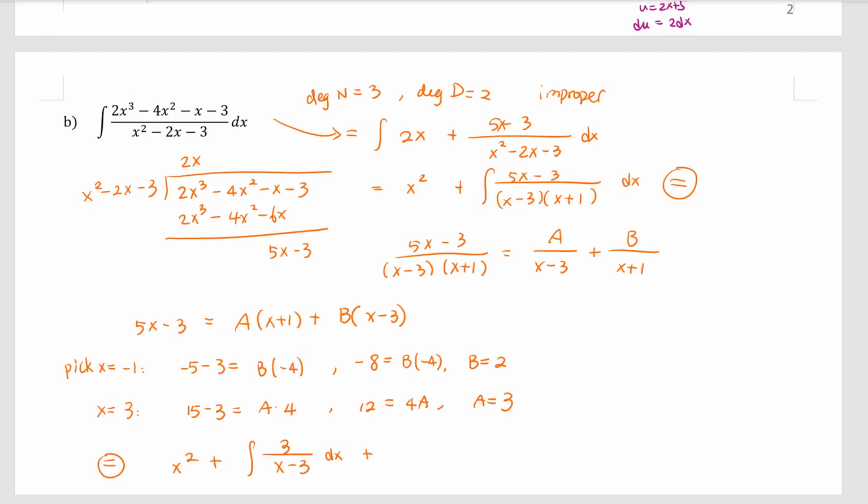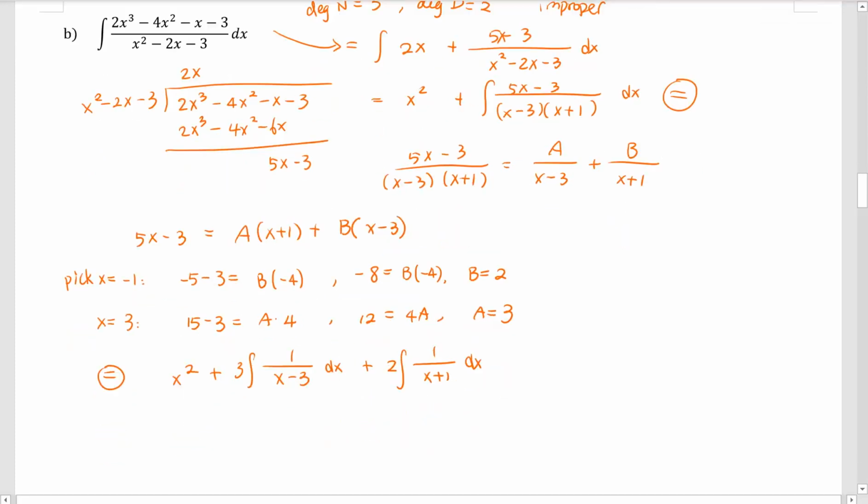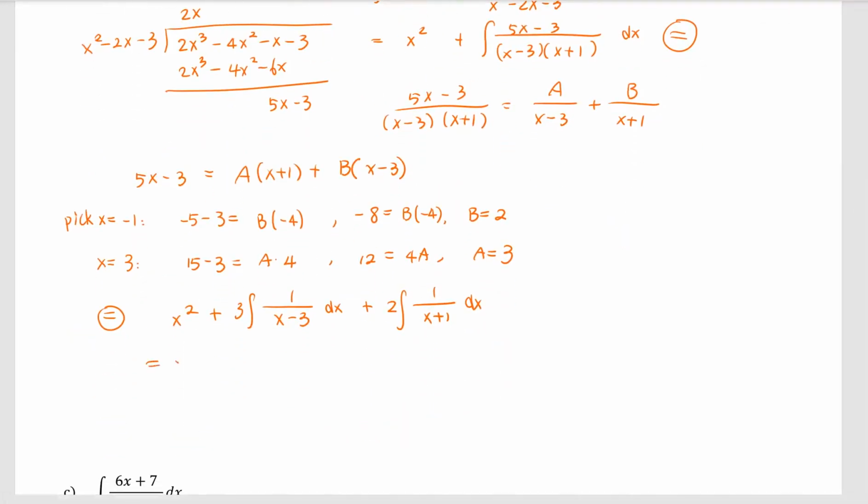And we can also separate them, right? And b is 2. So actually, we can move the a and b in front. Right?